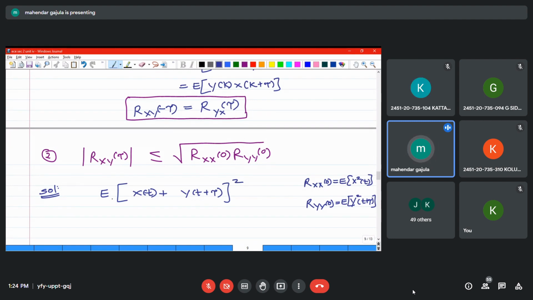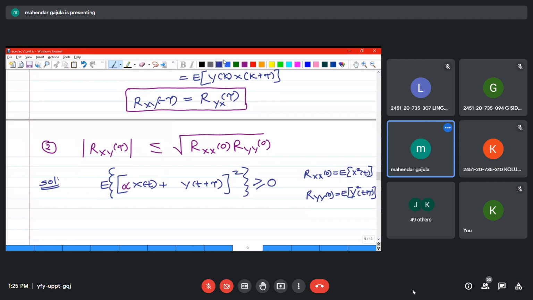Can someone tell me what is expectation of the square? Is it not mean square value? Yes, sir. It's a mean square value, right? So mean square value is always greater than or equal to 0. In this, I am including alpha.